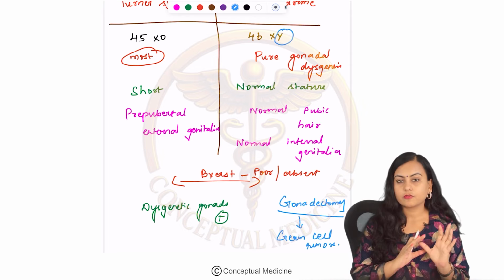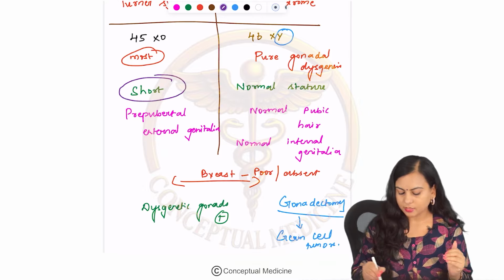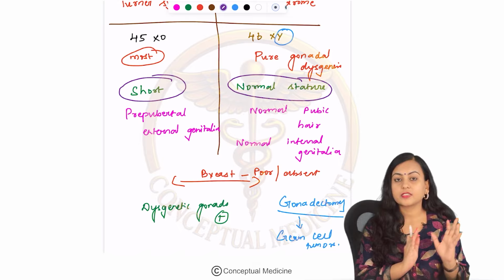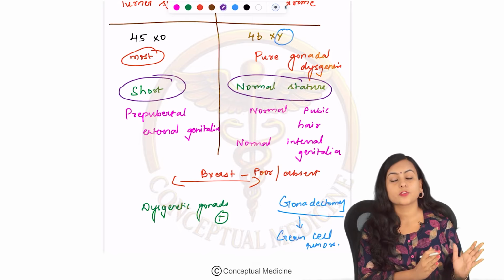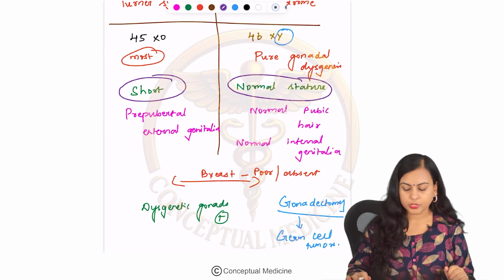Right? So when you see a similar picture, you have to look at this clinch. Okay? So when it is a short person, he is going to be Turner's. When he is a tall person or a normal height, he is going to be a Swyer syndrome.